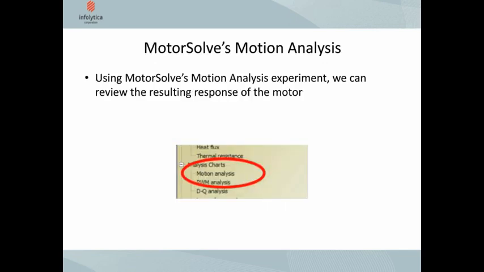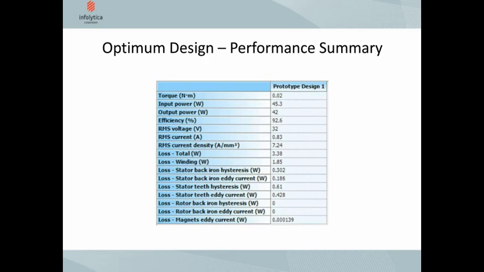So you can see here at the top that we met our 20 millinewton meters of torque. Our efficiency is 92.6%. Our wire or current density is under 8 amps per square millimeter. And I've got a distribution of losses associated with things from the winding to the teeth and such.